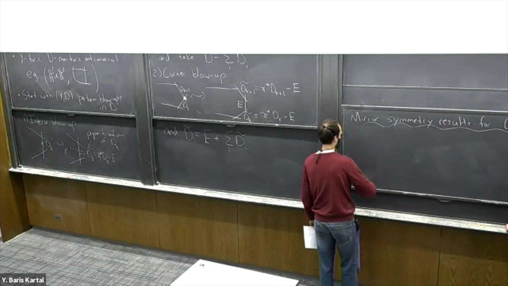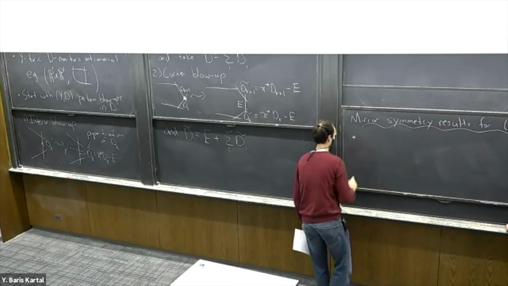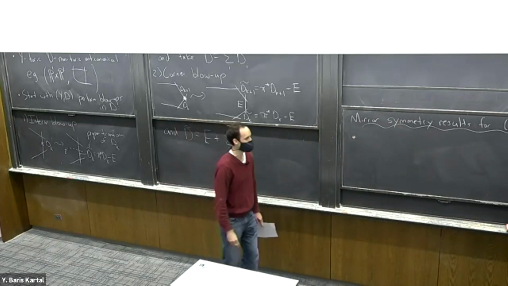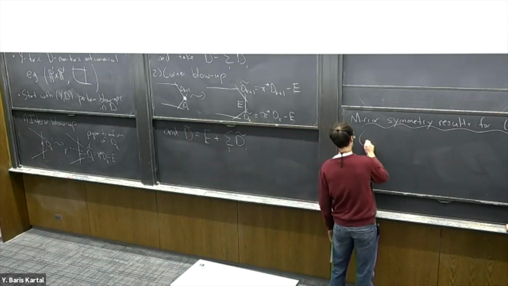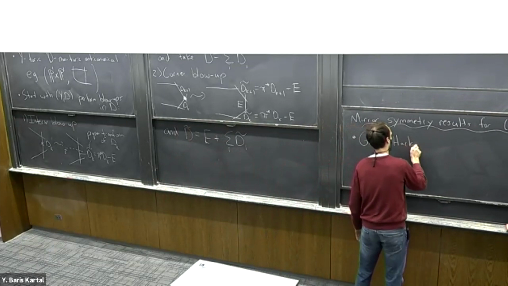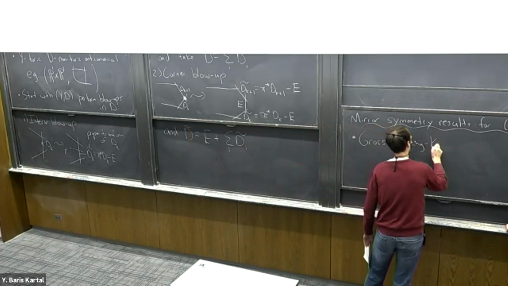Okay, so the starting point that really gets you going if you want to try to understand mirror symmetry for these pairs is the work of Gross, Hacking, and Keel.